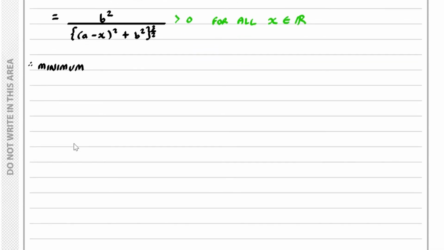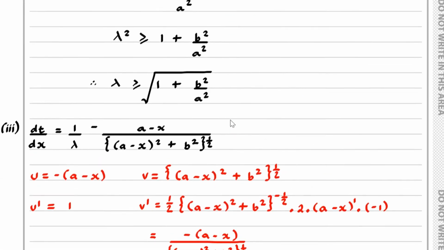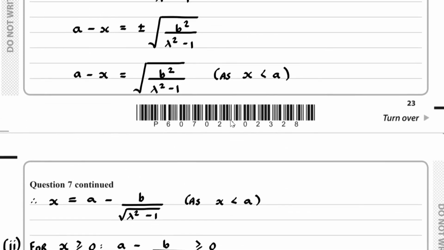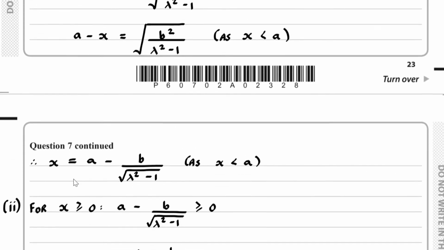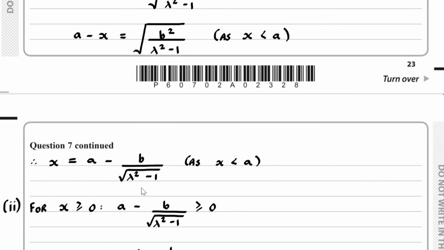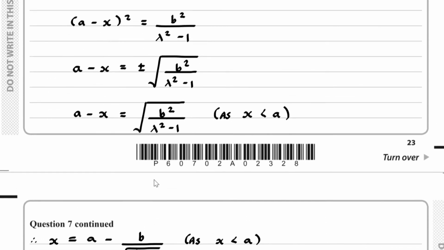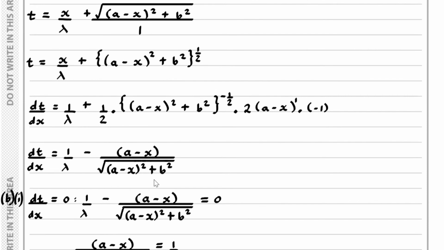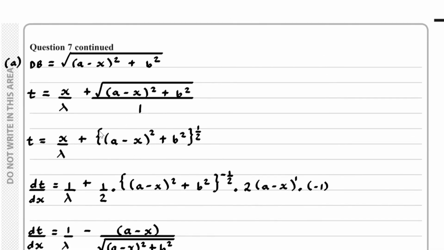And so therefore, what we have is that particular value, x equaling a minus b over the square root of lambda squared minus 1. And what we can do is substitute this into our value for t.